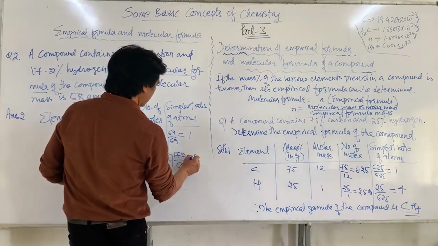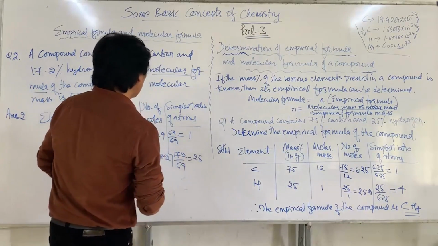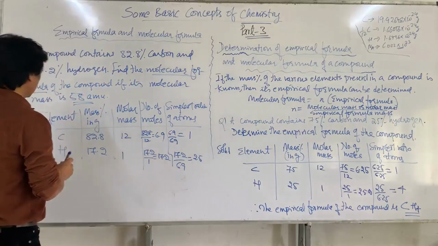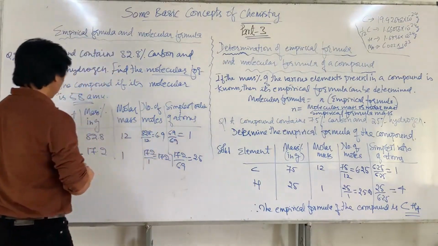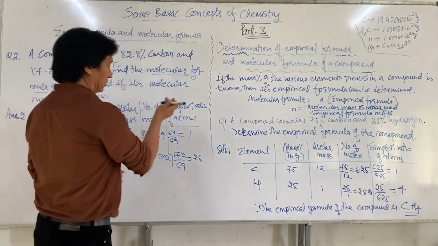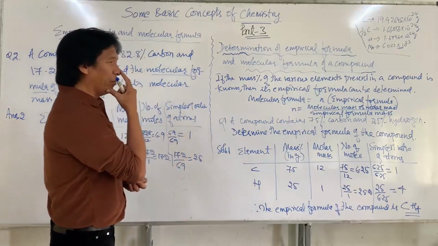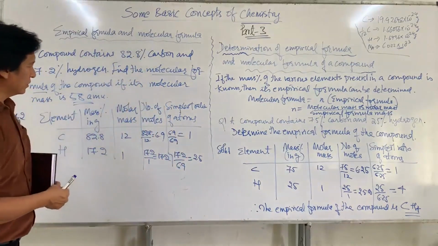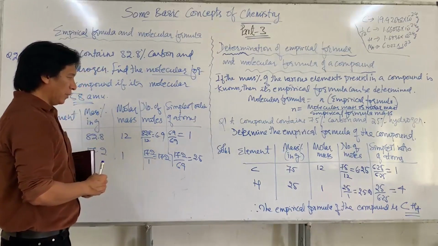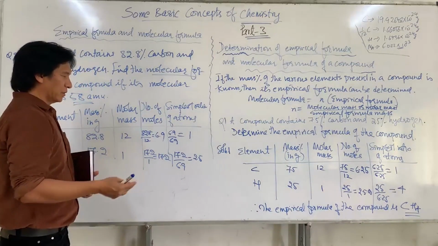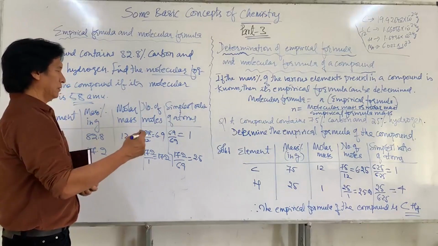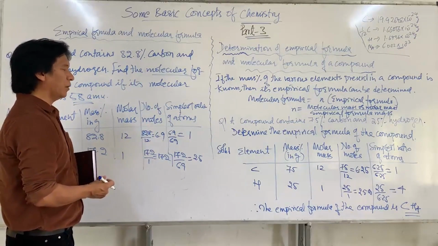You're getting 2.5 here. Now, the simplest ratio of atoms here, for carbon you're getting 1, for hydrogen you're getting 2.5. To write the empirical formula, the definition says that the empirical formula represents the simplest whole number ratio of the various atoms present in a compound.